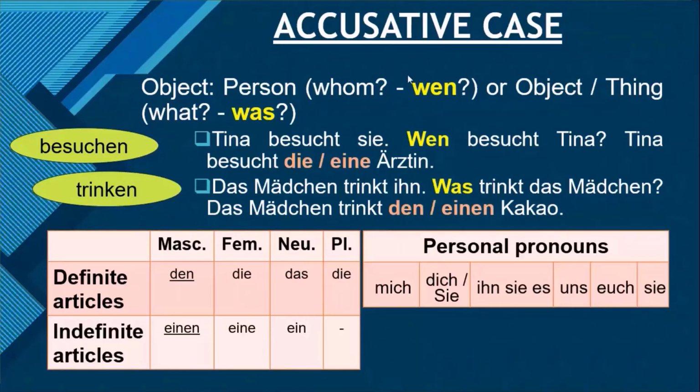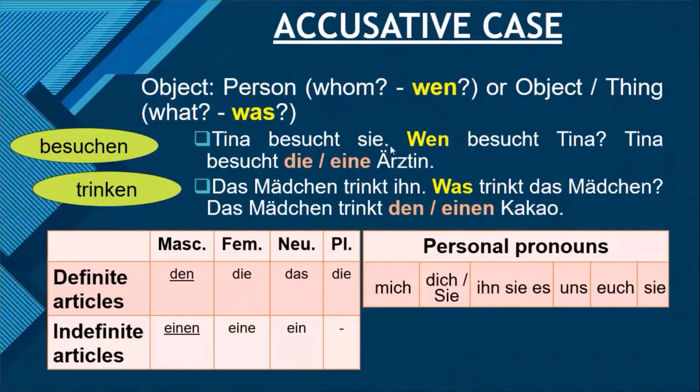So in the accusative case, there is a subject which is a person, but the object this time can be a person or a thing. So subject is a person, but object can be a person or a thing.